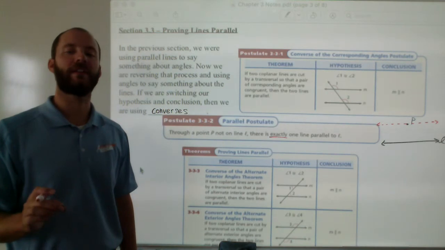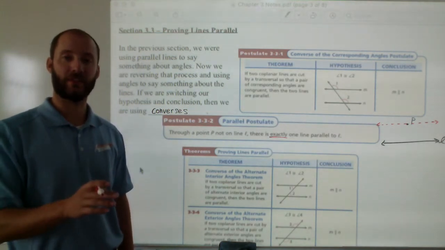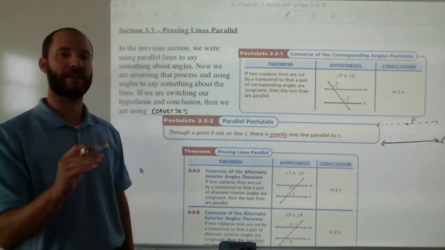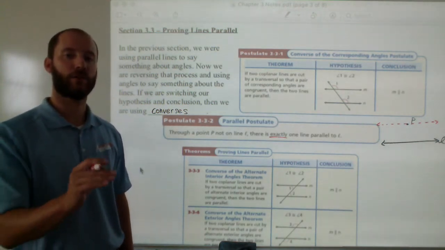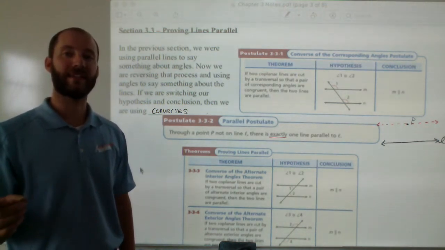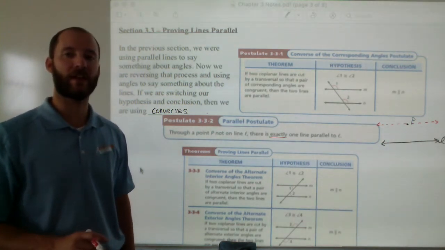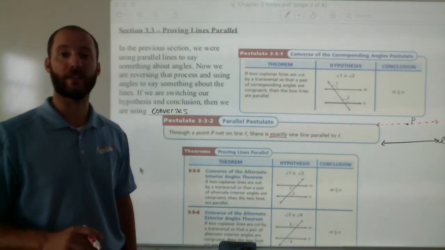And it's important that we have that uniqueness. That means there's only one way that that dotted red line can be parallel to L through point P. That uniqueness allows us to deductively say that these two lines are parallel and these two lines only.